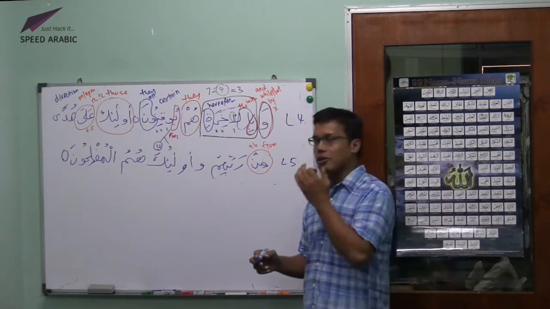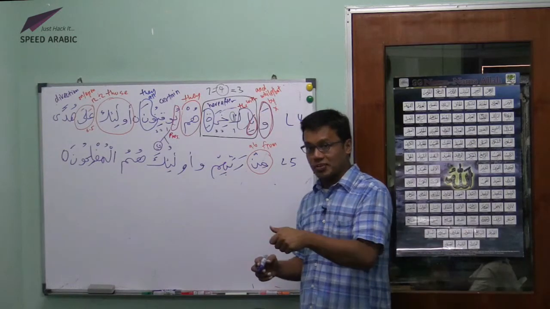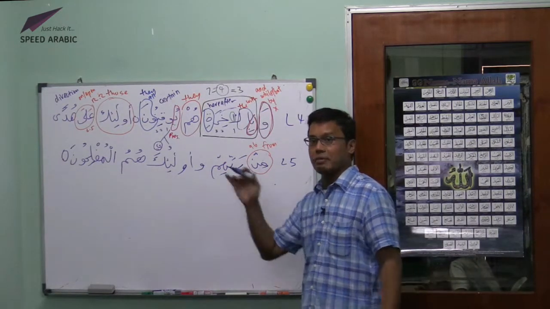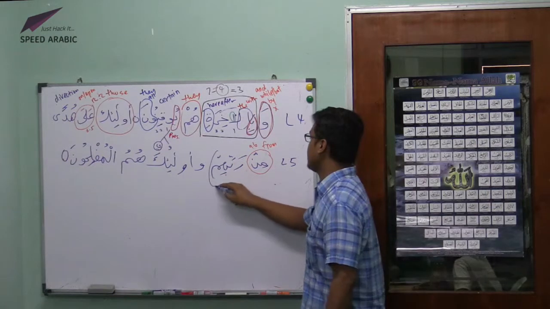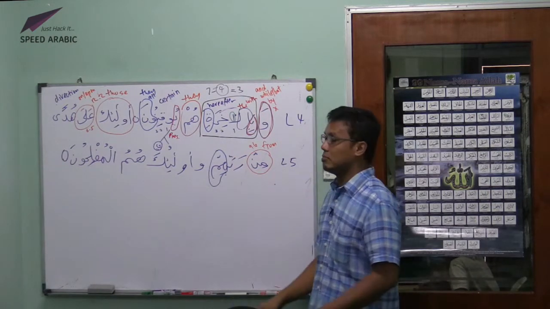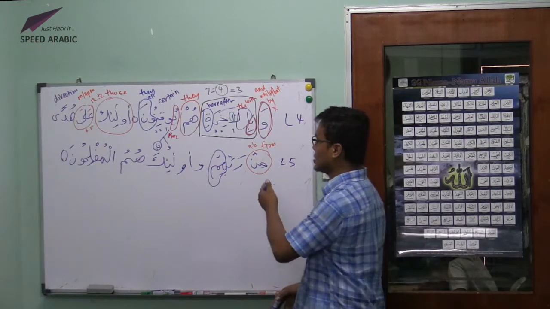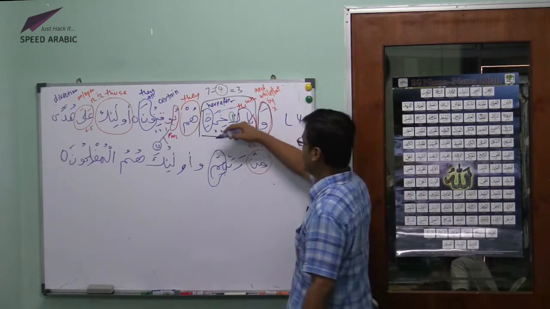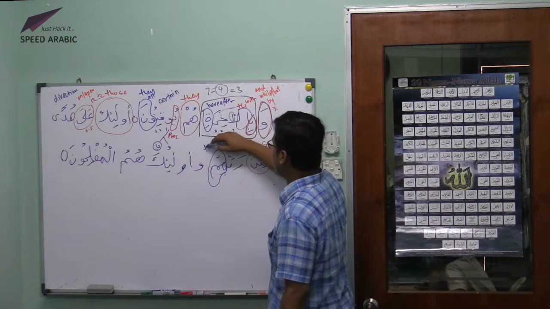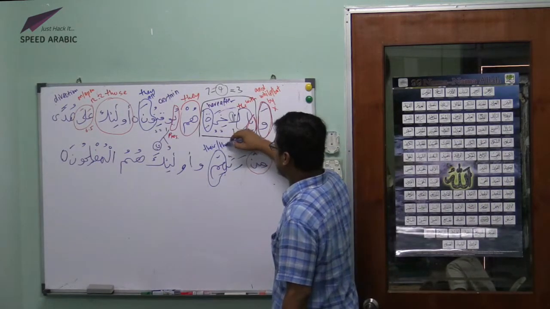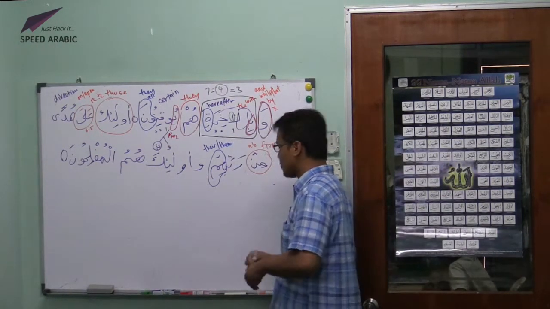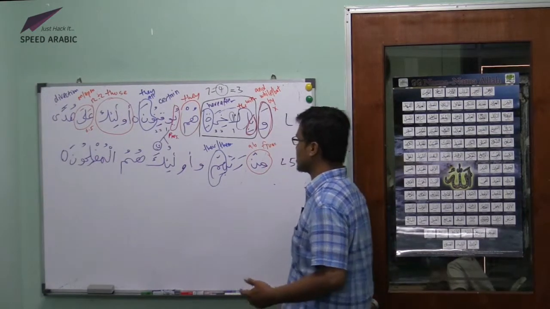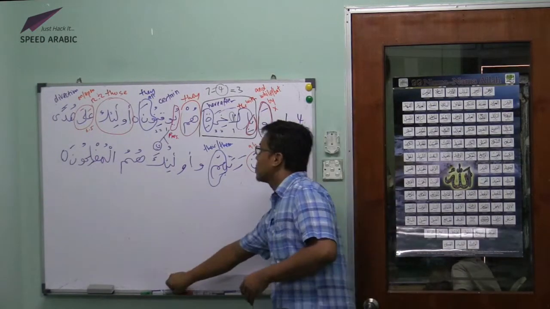The trick or the easiest way to unfix is to look at the back first. So him. When you are done with him, you will have gotten the root, which is ra, ba, ba. What's the meaning of him? Their or them. Okay, so you just write both and then you cancel off whenever you brush your translation. Next.